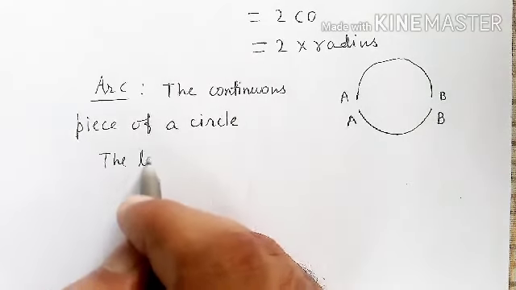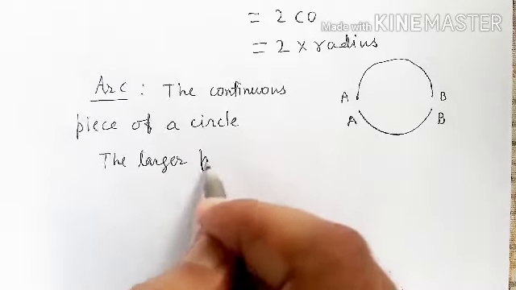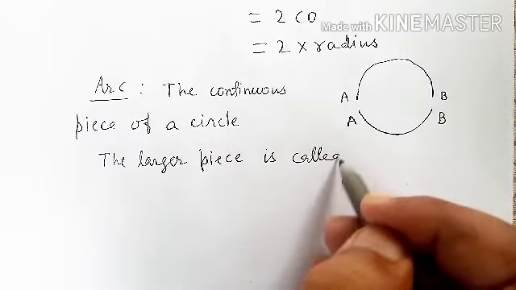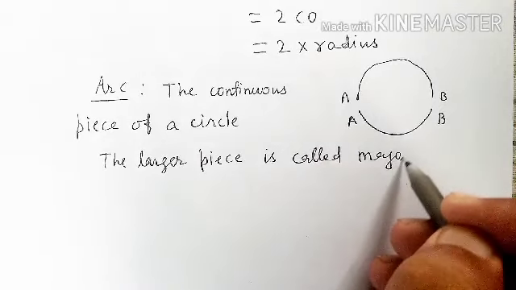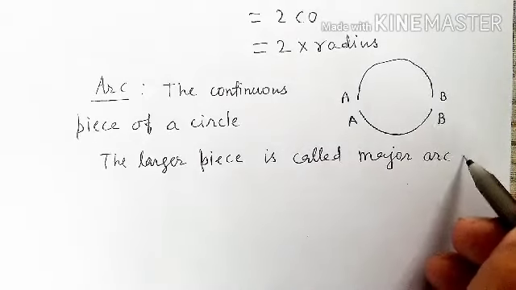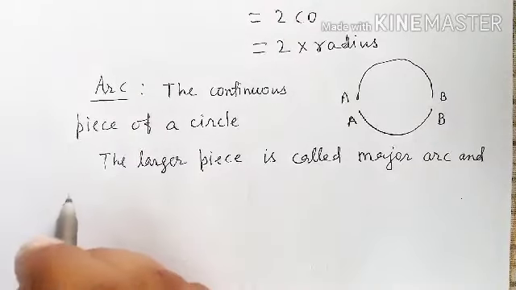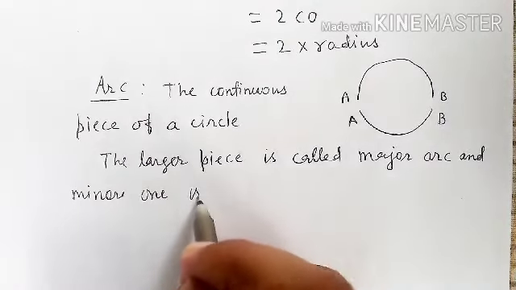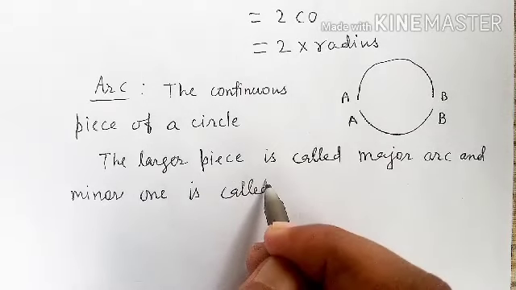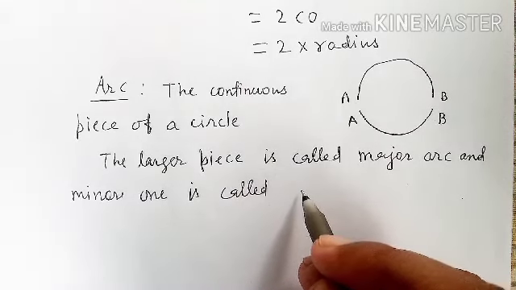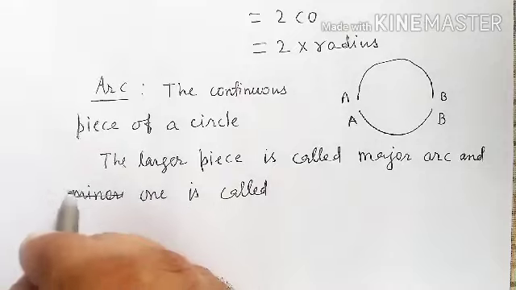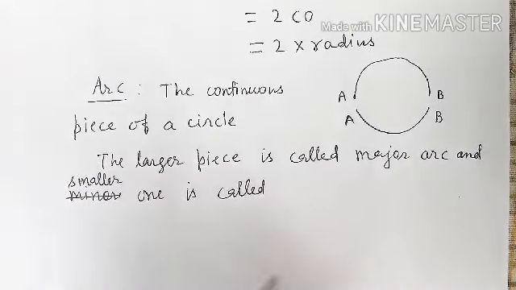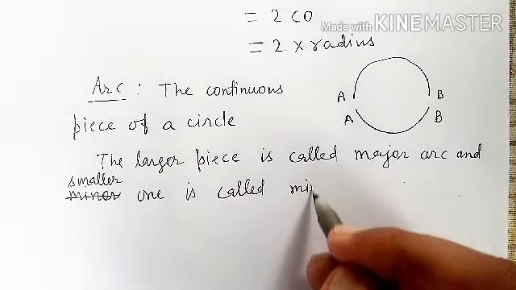The larger piece is called major arc, and a smaller one is called minor arc.